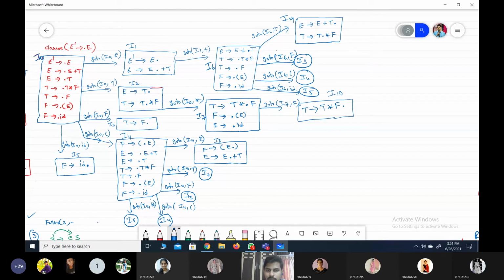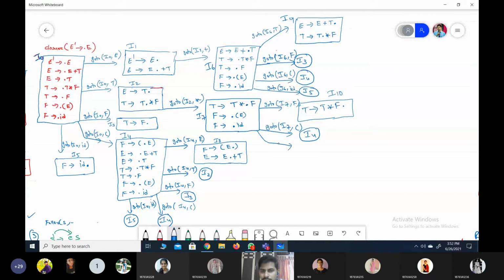Okay. And if open parenthesis is applied on I7, what are the possible states that we are getting? Is there any repetition or not? I4. Simply we will get the I4 state only.